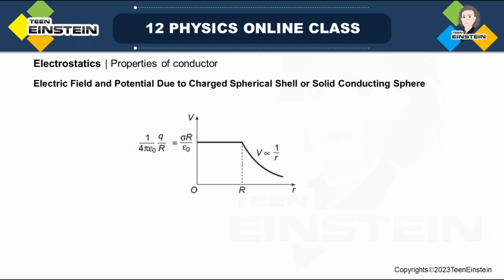And the outside point, that means outside the surface, you can see that variation. So this part is constant, and this part goes inversely.